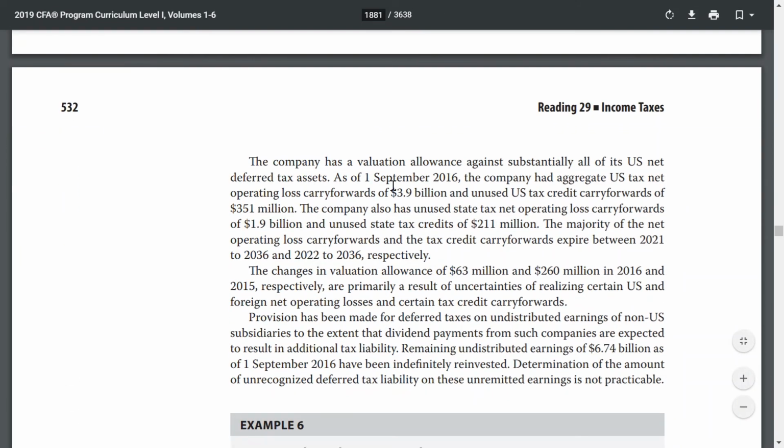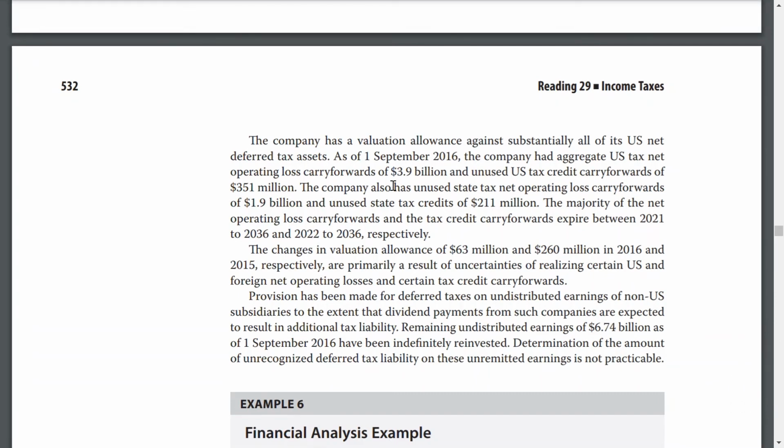The company has a valuation allowance against substantially all of its U.S. net deferred tax assets. As of September 2016, the company had an aggregate U.S. net operating loss carryforward of $3.9 billion and unused U.S. tax credit carryforwards of $351 million.